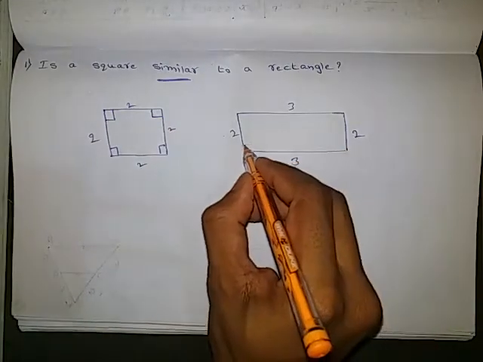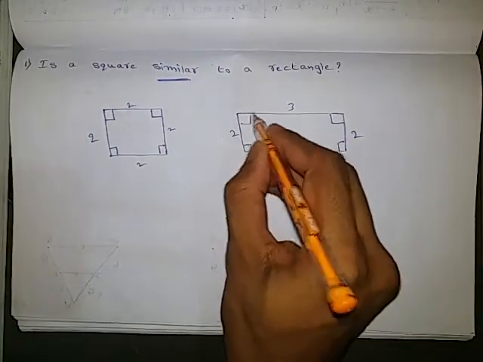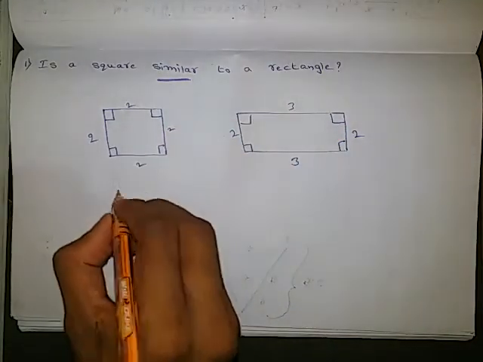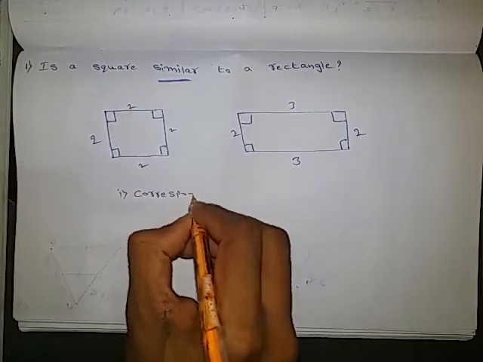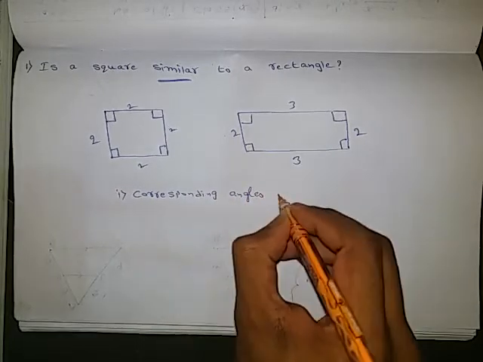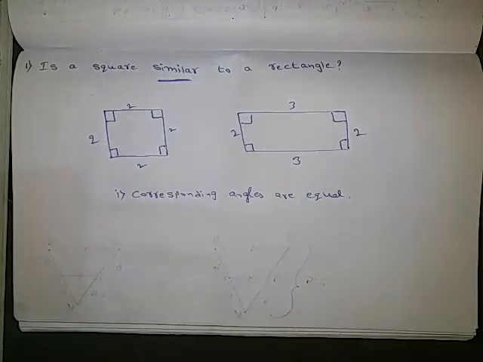In rectangle also, all the angles are 90 degrees. So corresponding angles are equal.